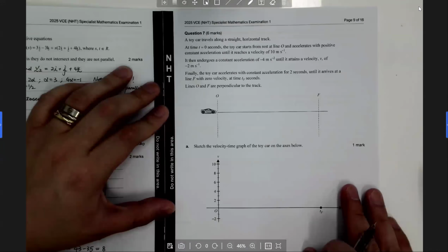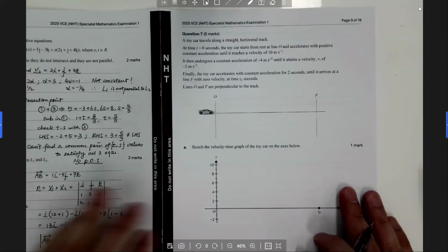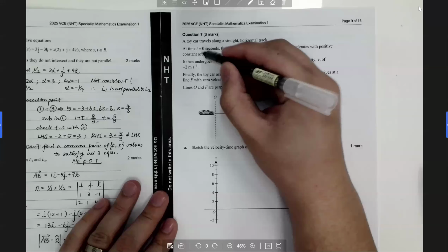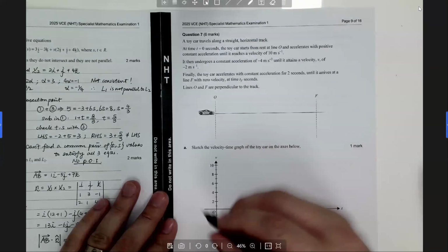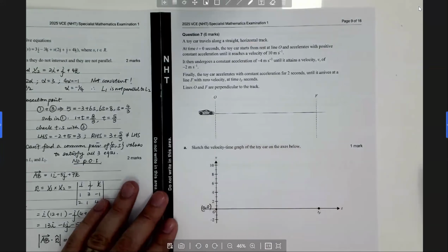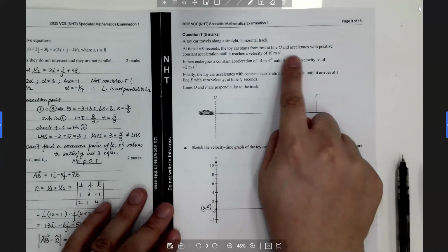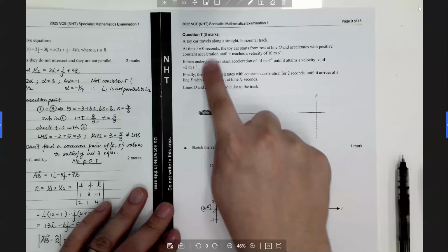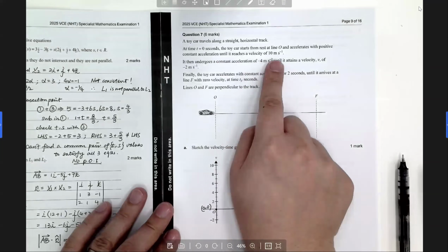Okay, a toy car travels along a straight horizontal track. At t equals 0, the toy car starts from rest. Part A wants me to sketch a diagram. At a line O, it accelerates with a positive constant acceleration until it reaches a velocity of 10 meters per second.